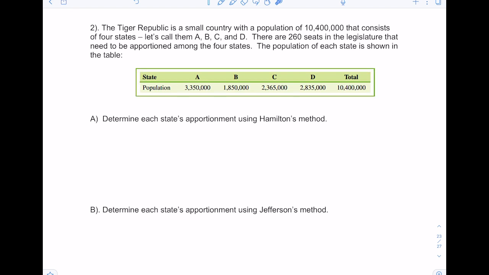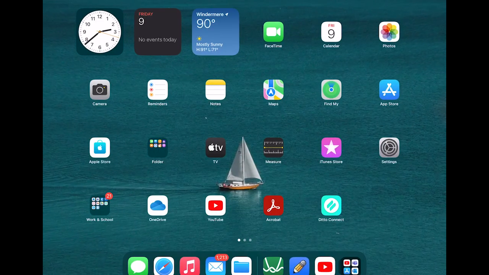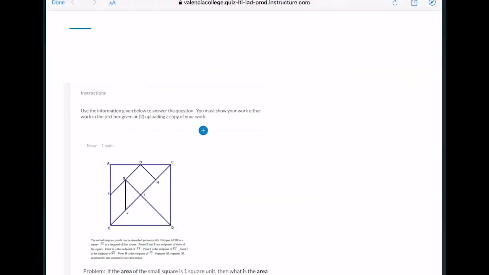I also see that I am missing a portion of my notes here, so bear with me while I pull up the newer document.